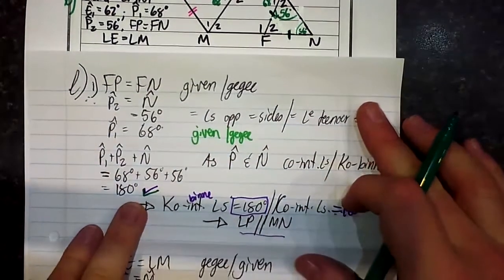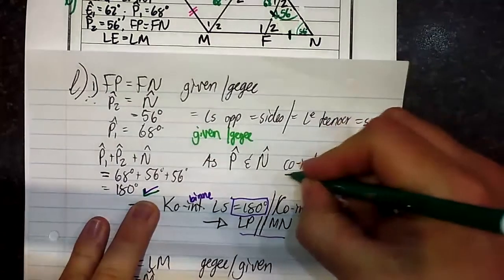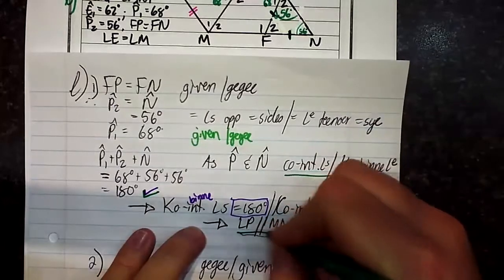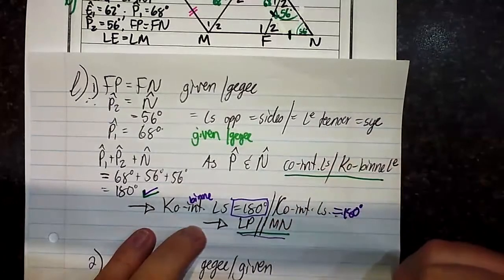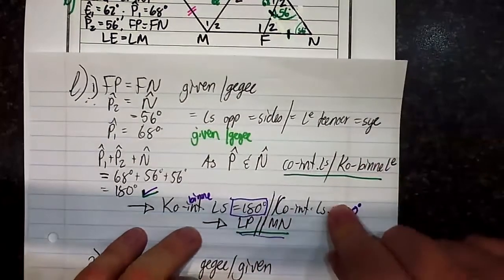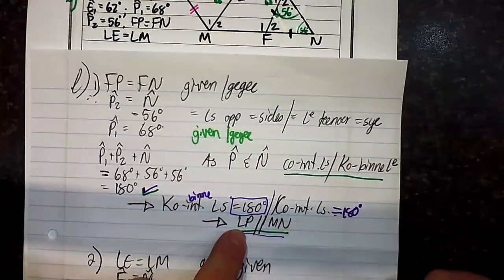Okay, dit tel saam op 180 grade. Hulle is supplementêr. En hulle is co-binnehoeke. Okay, I hope you understand this. Co-interior angles that are supplementary is proof that the lines are parallel.